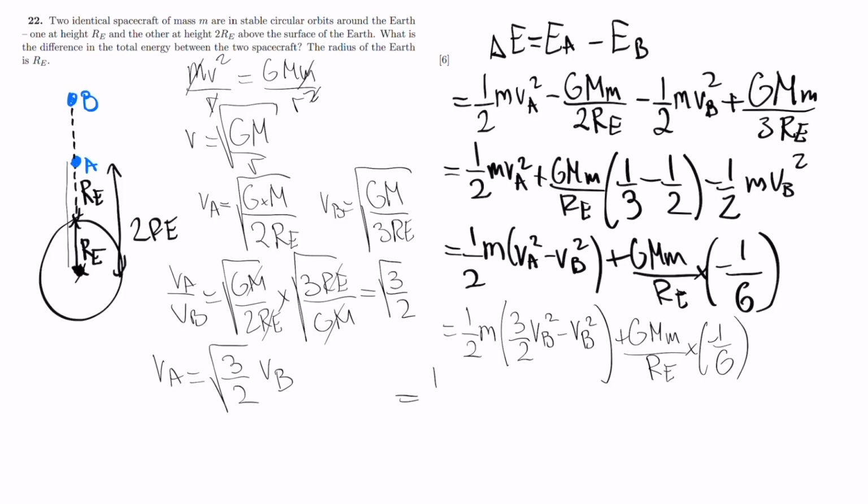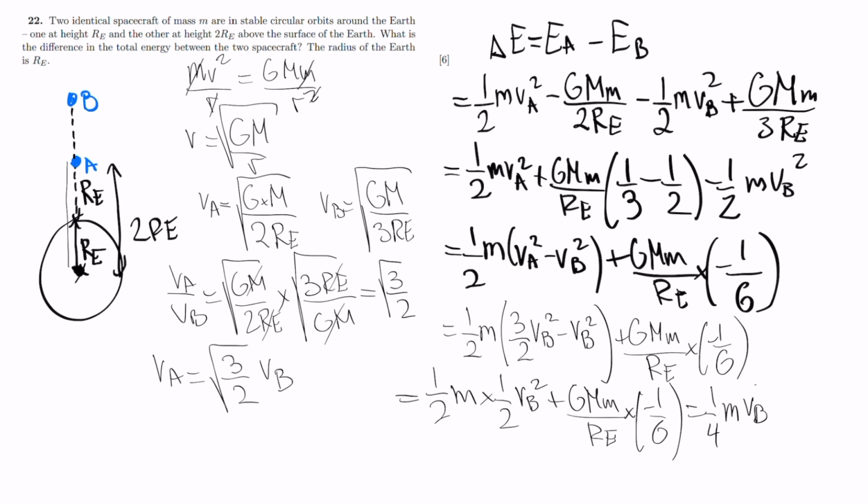Okay, well, this here is just going to give me a half m multiplied by 3 halves, take away one of them, is just going to give me a half vB squared plus all the rest. And we can just rewrite this as 1 over 4 m vB squared take away a 6th GMm over rE.